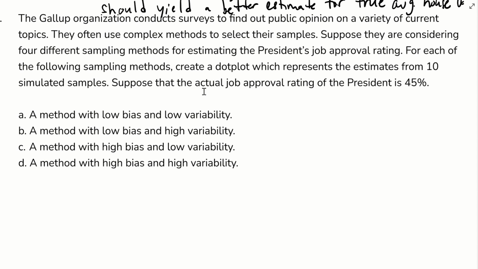Low bias means that you're close to being on target. You have either overestimates, or a mixture of overestimates and underestimates. So the idea with bias and variability is that if this is the target value and you have low bias, you can have low bias and high variability, and you can have low bias and low variability. Let me illustrate that before drawing the dot plot.